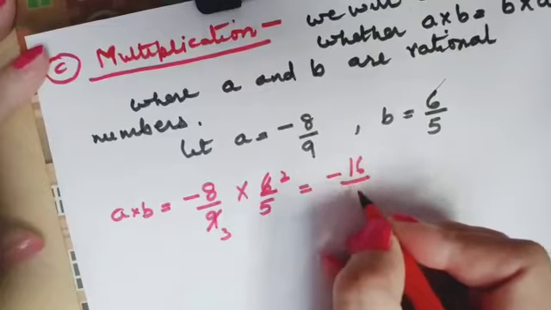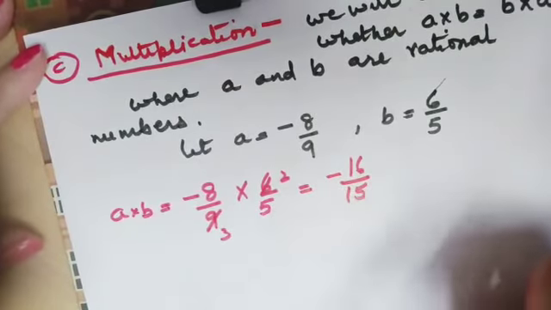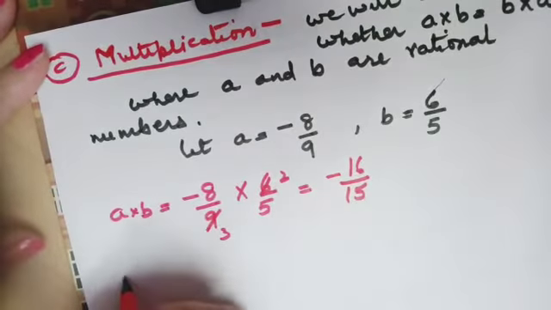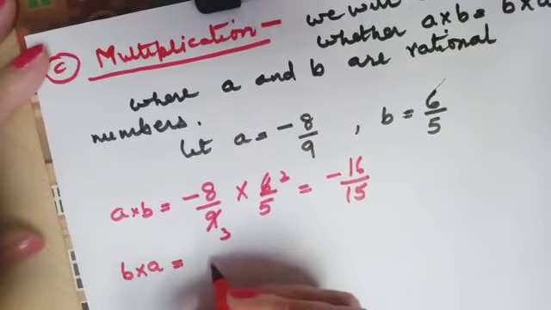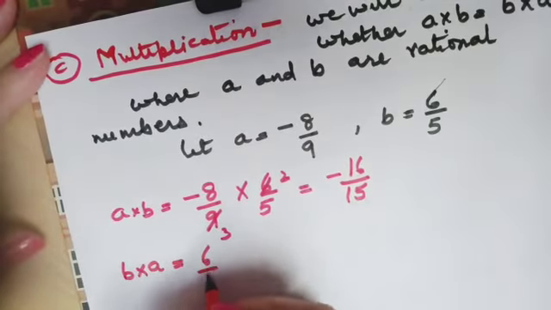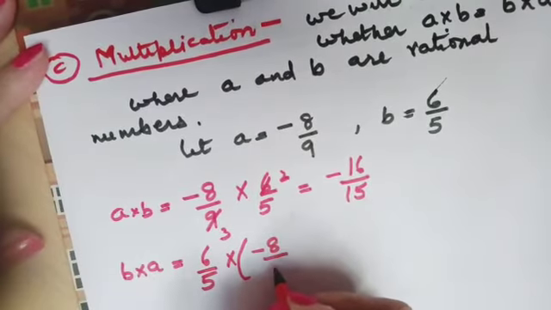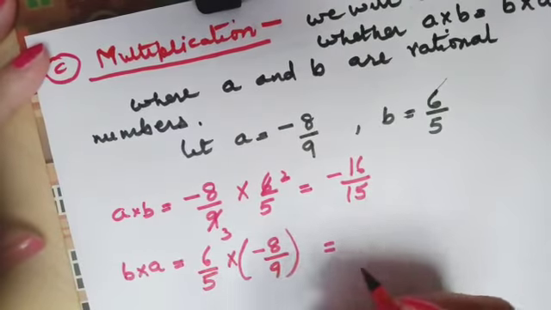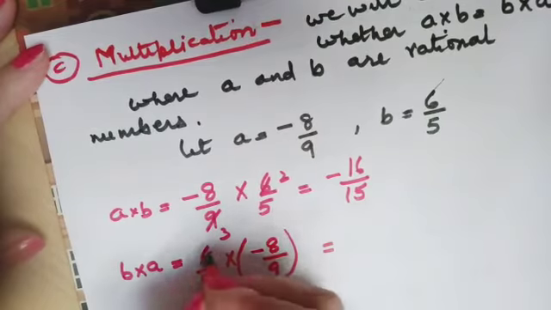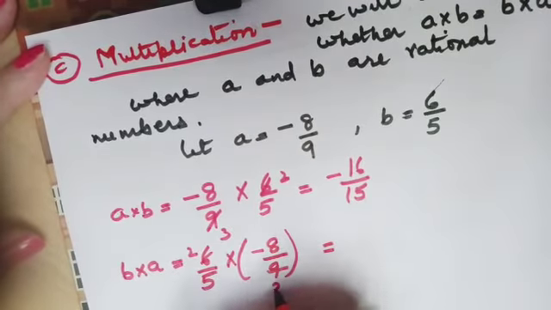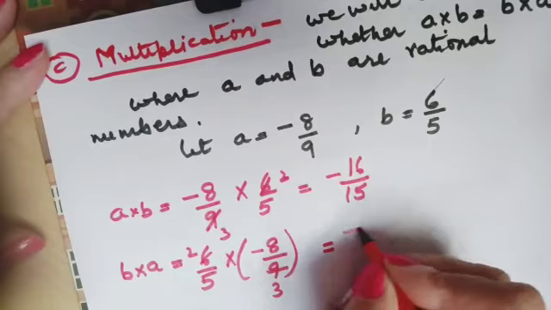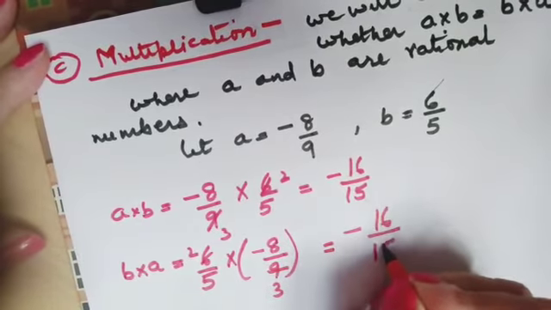Answer will be minus 16 upon 15. For B into A, B is 6 upon 5 into minus 8 upon 9. Again we will cut. 3 2s are 6, 3 3s are 9. Answer will be minus 16 upon 15.